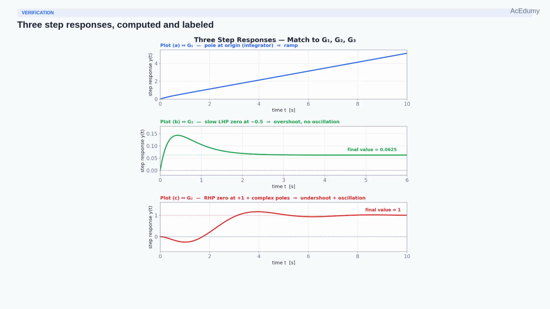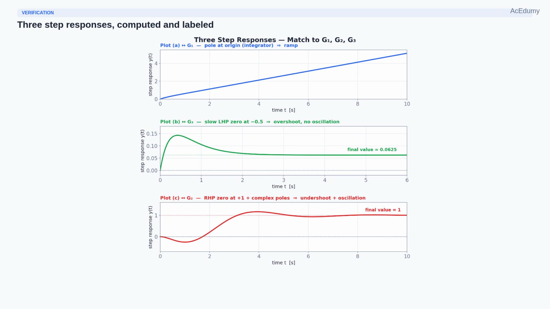Now let us verify the three matches by plotting all three step responses on the same axes, computed from the actual transfer functions. g1, plot A. The response is a straight ramp with slope 1/2, growing without bound. Confirms the integrator. g3, plot B. Sharp rise, peak around 0.14, gradual decay back to the final value of 1/16, around 0.06.